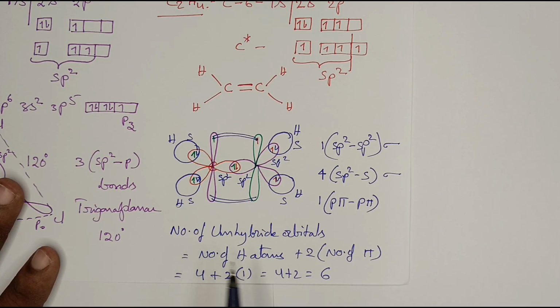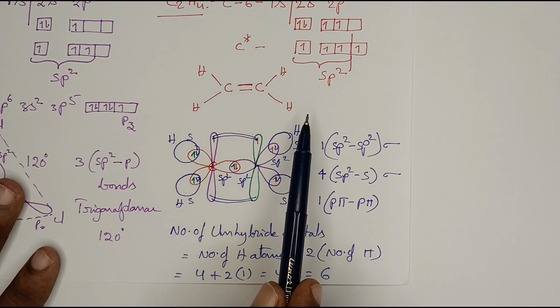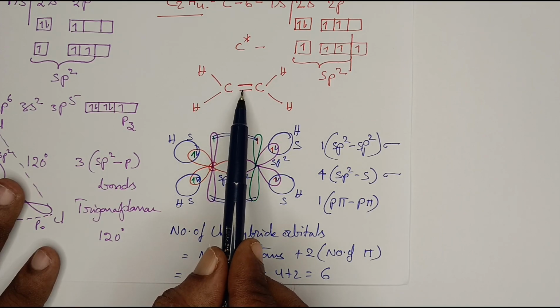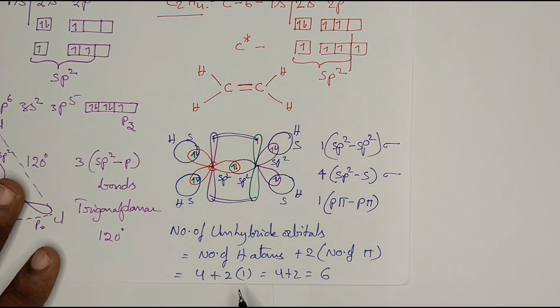So for the pure or unhybrid orbitals calculation: the number of unhybrid orbitals equals the number of hydrogen atoms plus 2 into the number of pi bonds. The number of hydrogen atoms is 4, plus 2 into the number of pi bonds, which is 1. So 4 plus 2 into 1 equals 6.